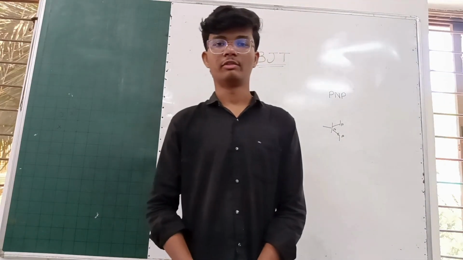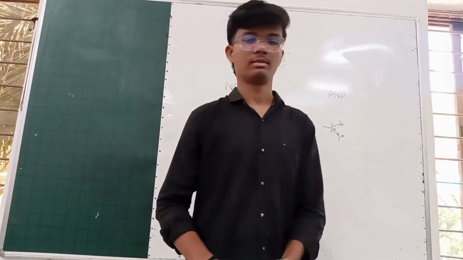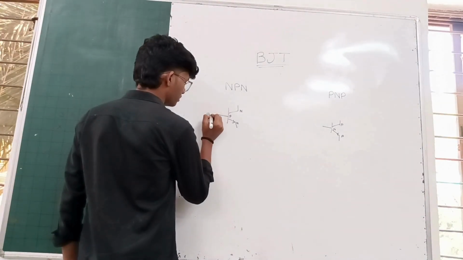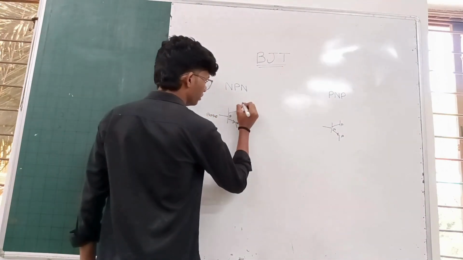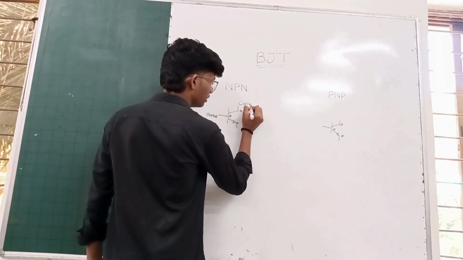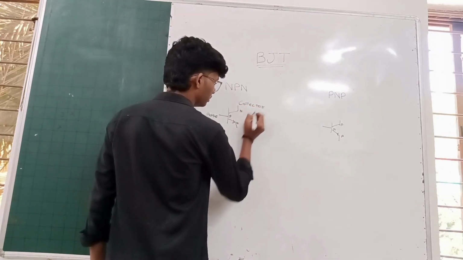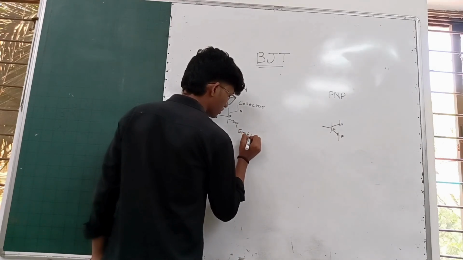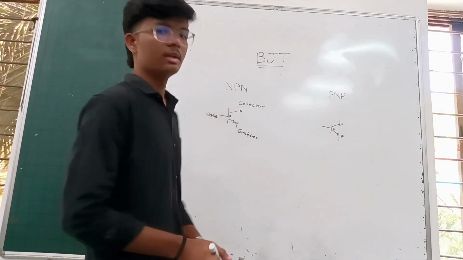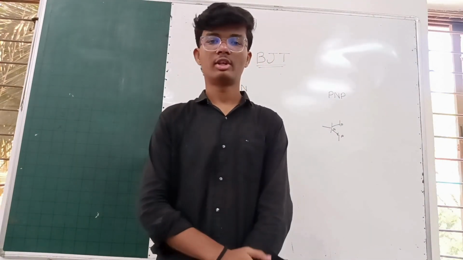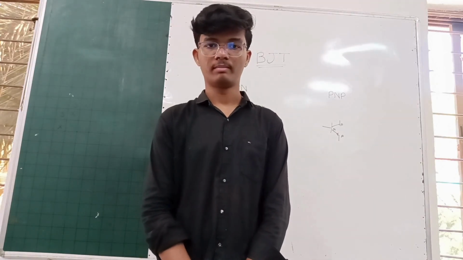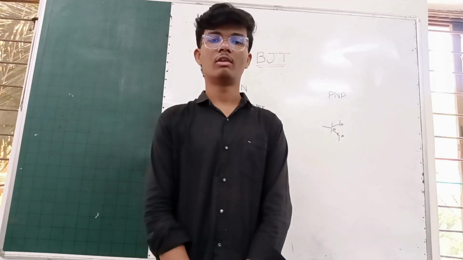And there are three terminals: base, collector, and emitter. The base terminal acts as the control terminal of the BJT, and the main current flows from the collector to the emitter. Now we are going to see the working of BJT.